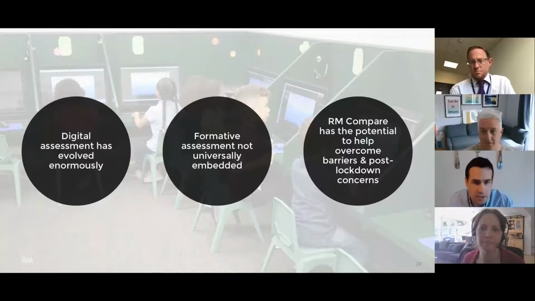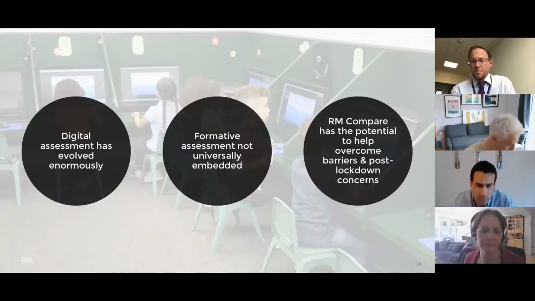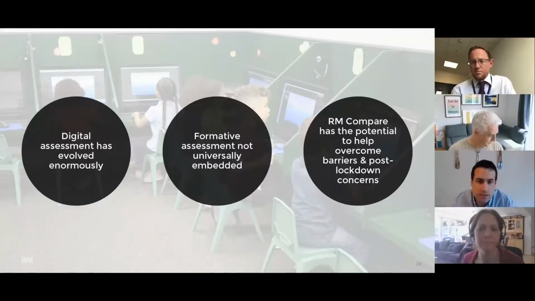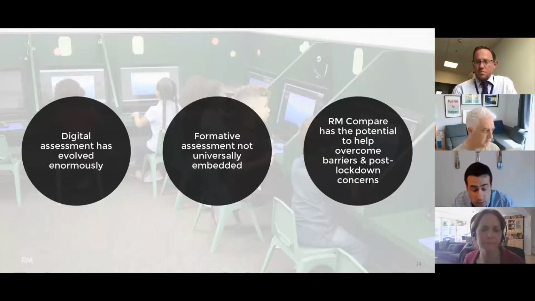Yeah, we do actually. It's a growing body of evidence. I think probably the one to highlight mainly, which is freely published and people are welcome to go and have a look at it themselves. We were really fortunate to do a study with a university in America who did what's quite rare in education, a genuine control group trial where they used RM Compare as a learning intervention.